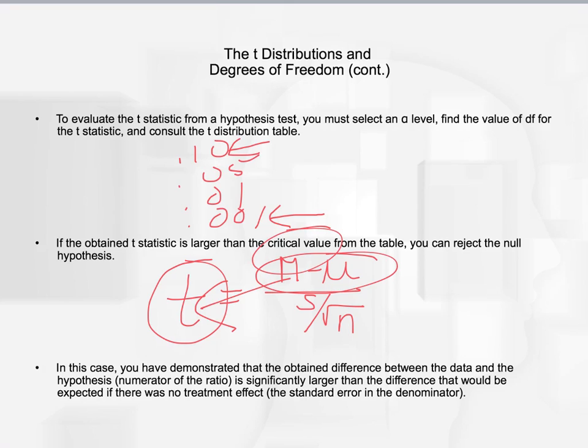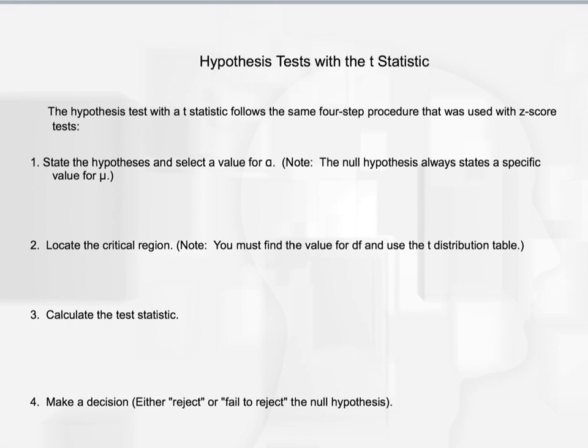We went through that process in Chapter 8. Here are the steps for the hypothesis test. They're the same steps that you went through with the z-test, only we're using the sample standard deviation to calculate the t-statistic.